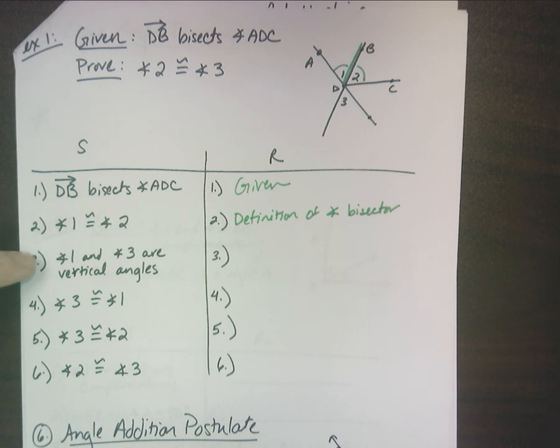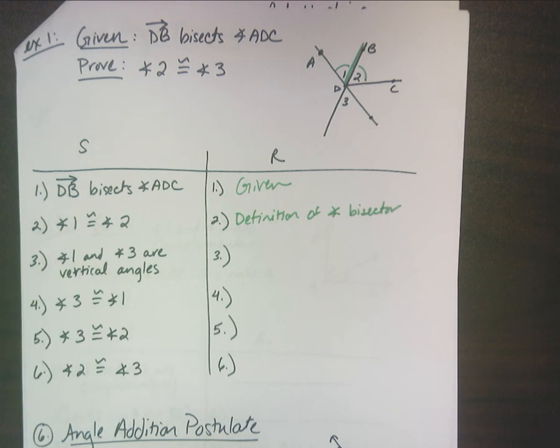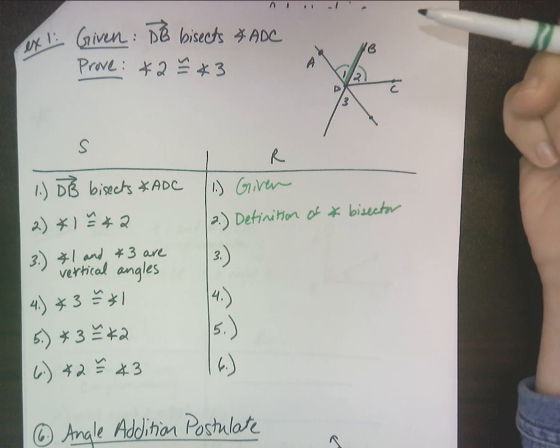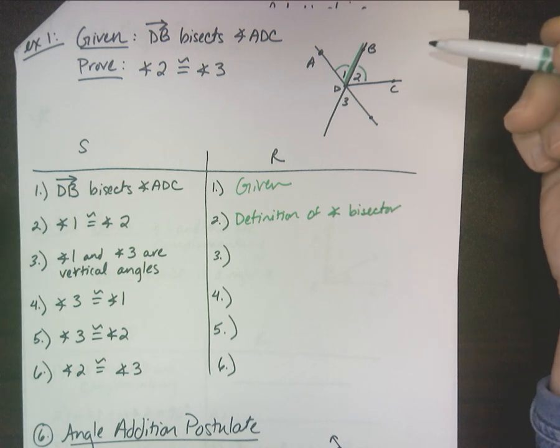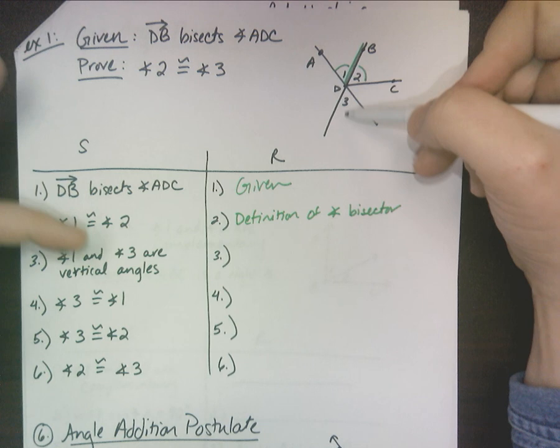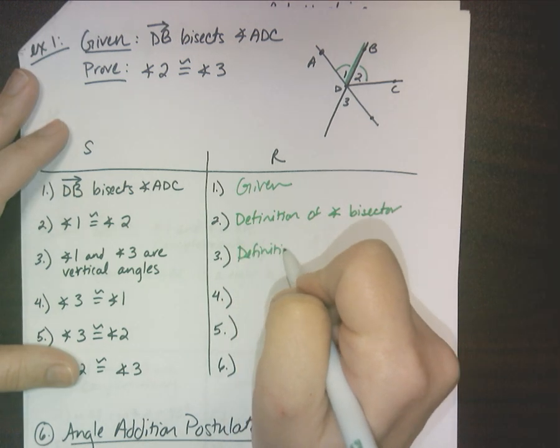All right, now let's see what we have here. Number 3: angle 1 and angle 3 are vertical angles. Yeah, they are vertical angles. Why? Give me a reason. That's the definition of vertical angles. They're opposite each other like that, okay?